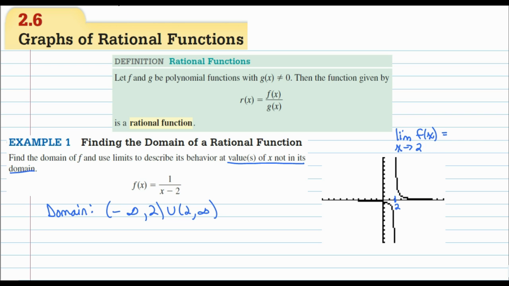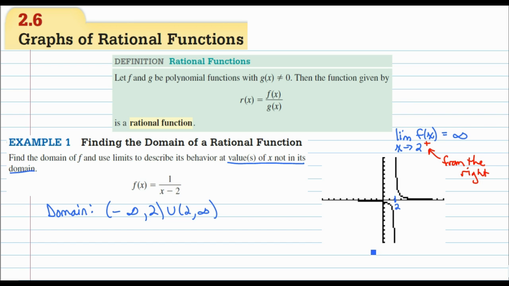So I'll put a little plus sign, and that means from the right. So the limit of the y values, or f of x, as x approaches 2 from the right, is positive infinity. They will keep going forever. So if I plug in x values closer and closer and closer to 2, those y values are going to get higher and higher and higher.